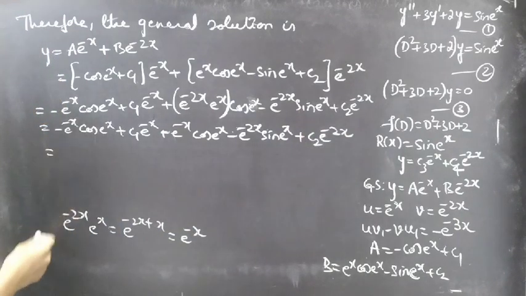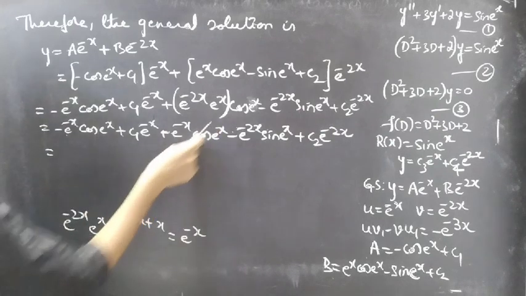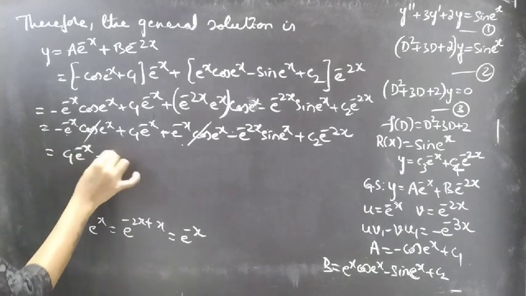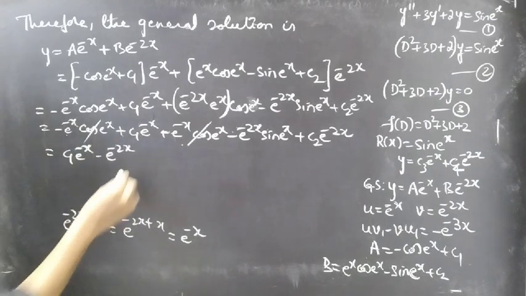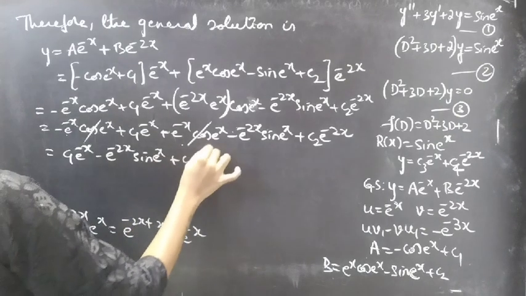This gives us here minus e power minus x cos e power x and plus e power minus x cos e power x get cancelled, and we'll get c1 e power minus x minus e power minus 2x sine e power x plus c2 e power minus 2x.